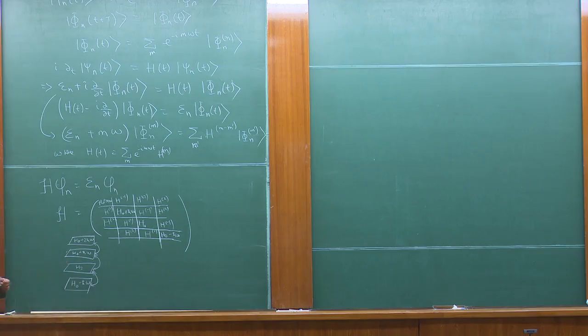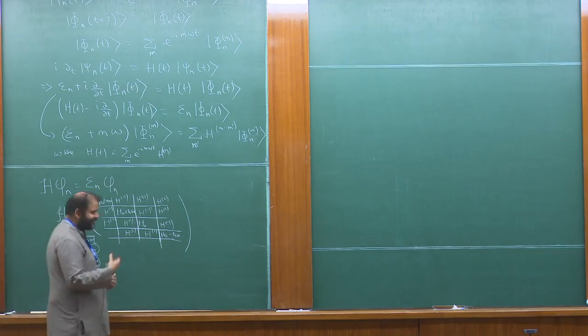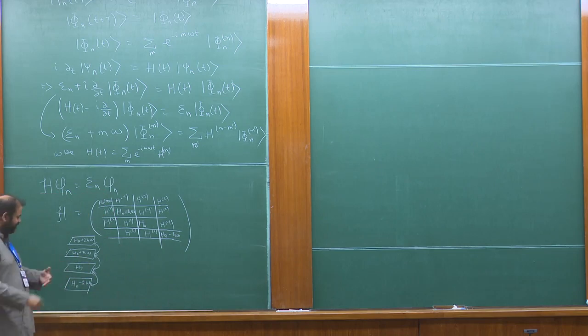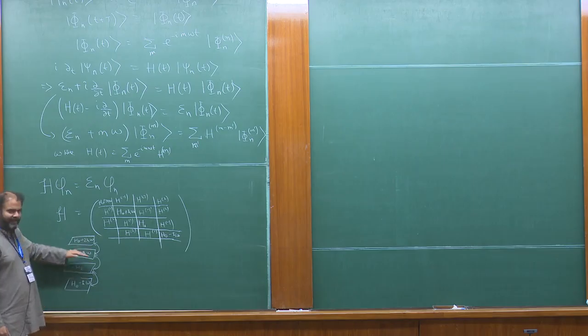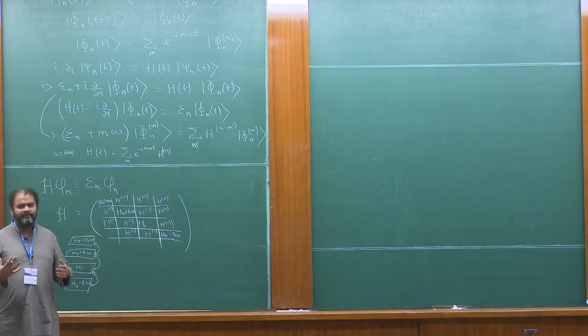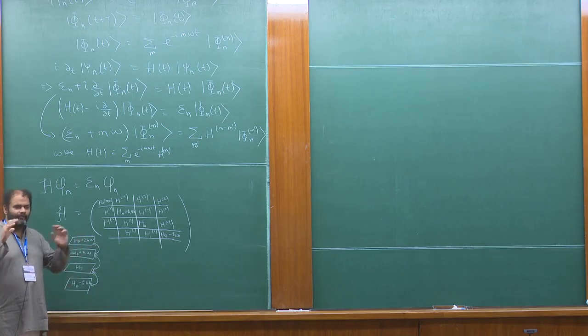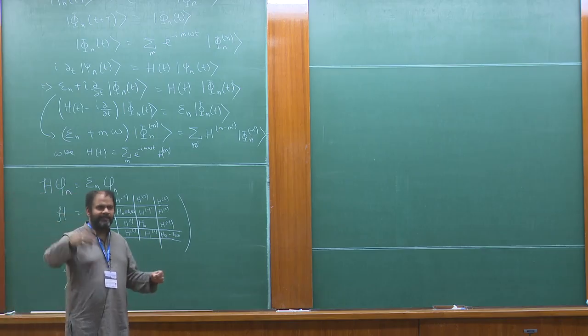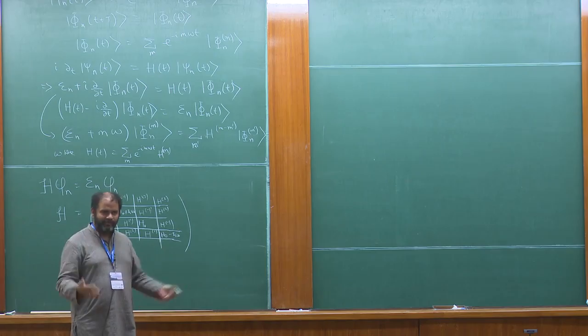There is a rather nice, appealing interpretation of this, which is that I have all these components which are separated by h bar omega, which basically you can think of this system as being dressed by a certain number of photons. You have a certain system and that also has some L number of photons, which gives you an extra energy of L h bar omega.